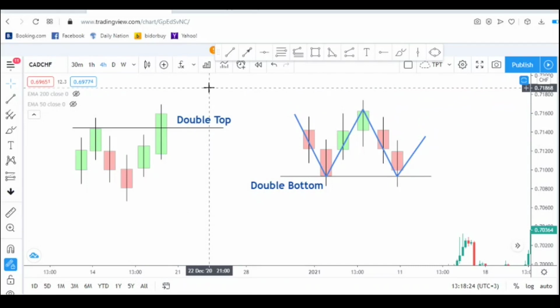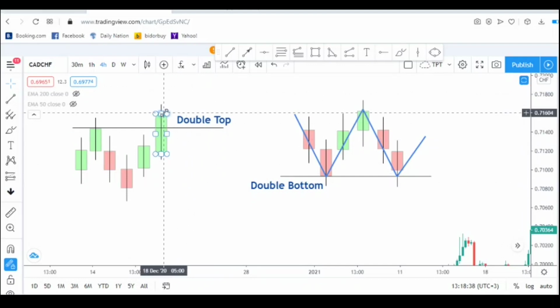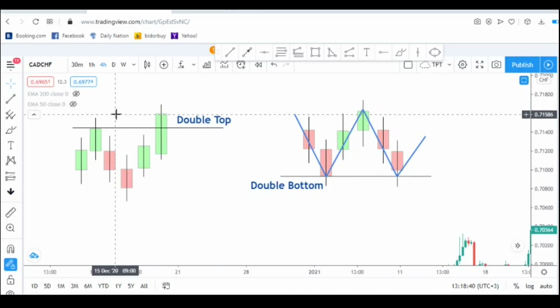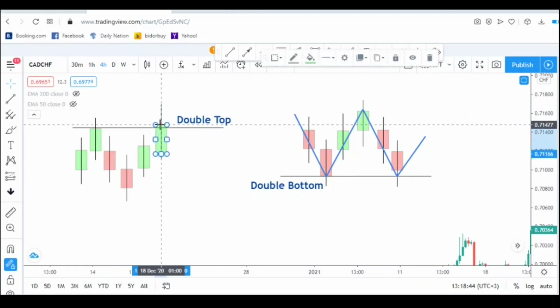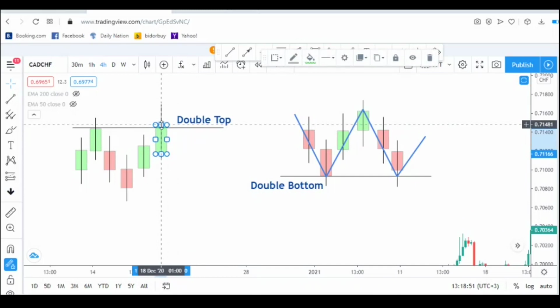First one, the wick of the second top should at least touch the neck of the first top. The second rule is that the body of the second top should not close above the wick of the first top. So it should be this way, or it could be like this as well. No, this qualifies to be a double top, or this way.